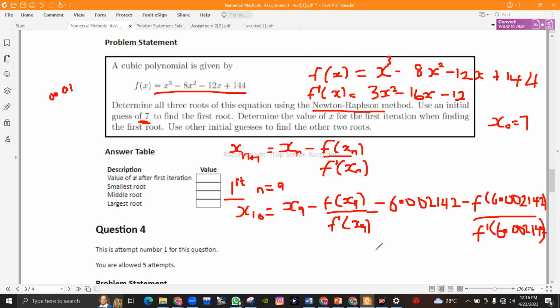So we calculate this. You have 6.001071 as the final answer.